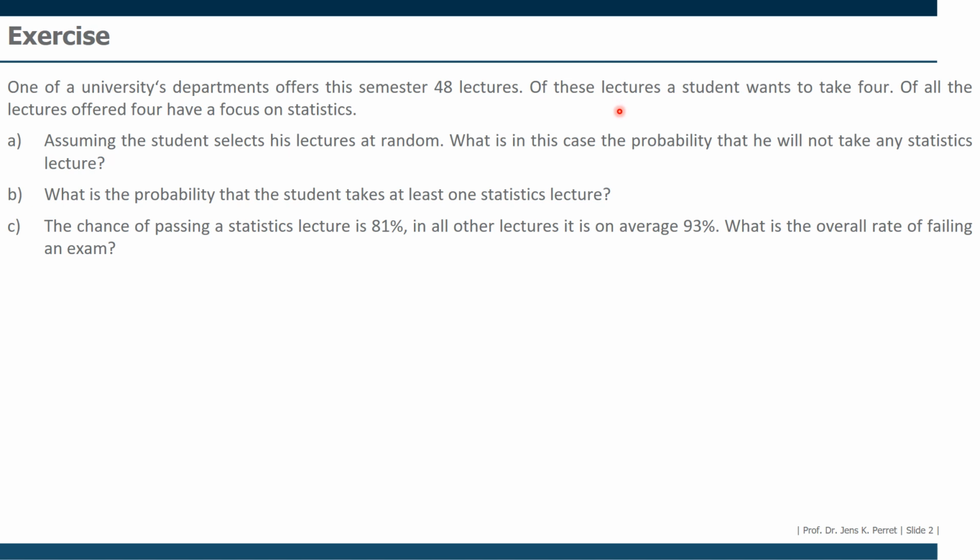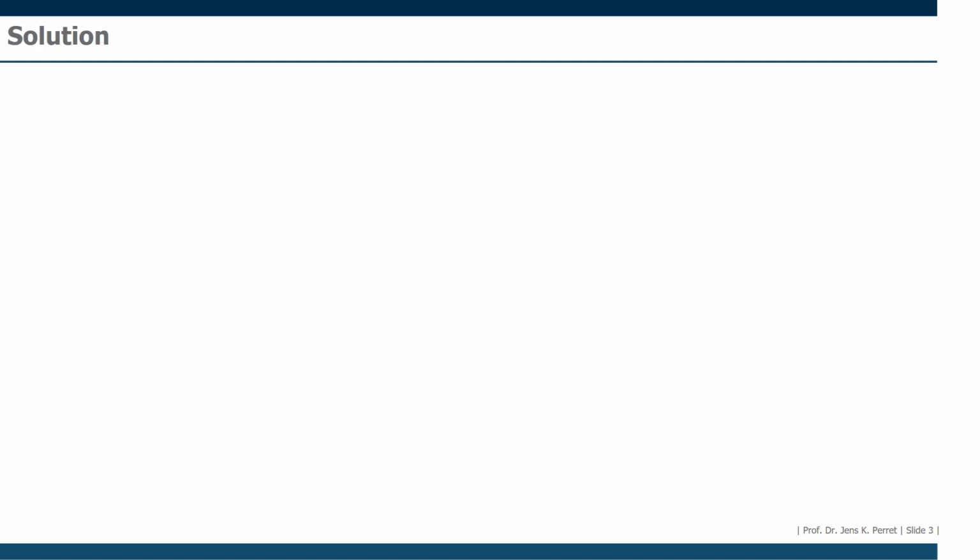Meaning what we have here is a selection without replacement. Once he selected one of the lectures, he will not select the same lecture again. That's a clear indicator that we have to use the hypergeometric distribution. Well, with this in mind, let's jump into it and start with part A.